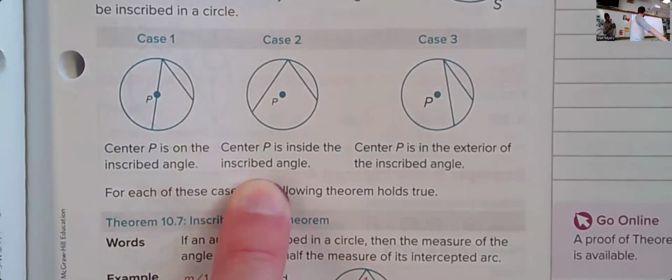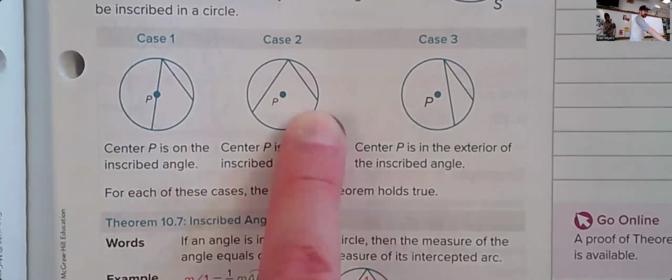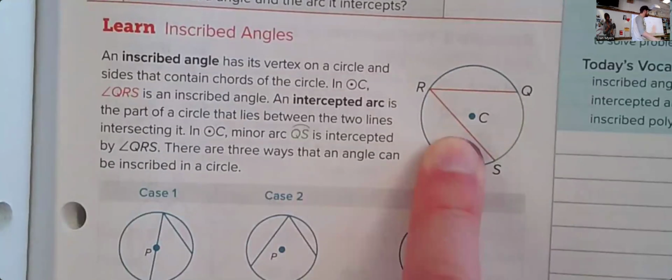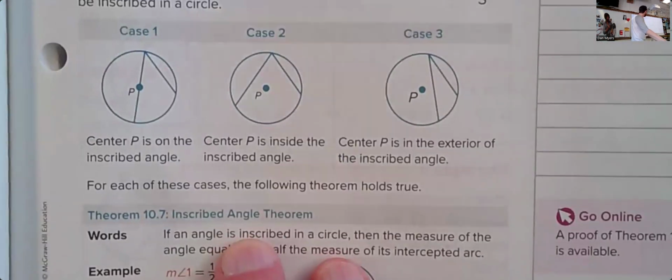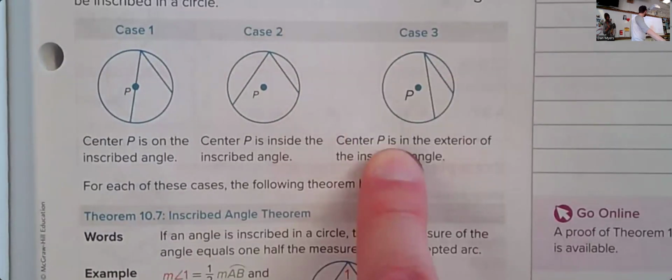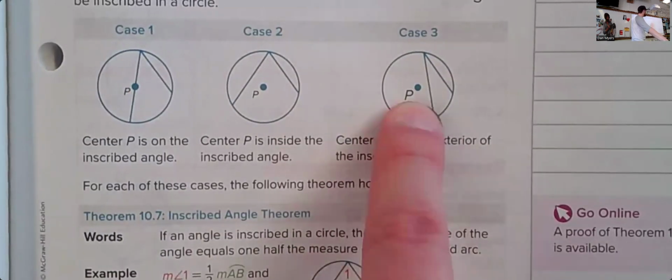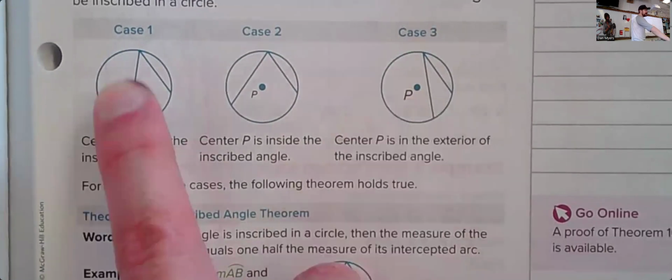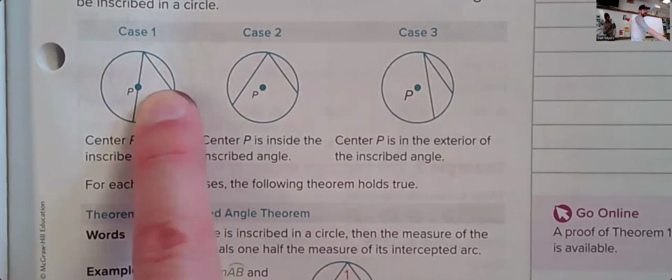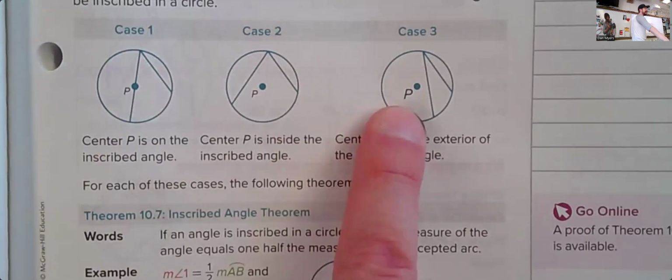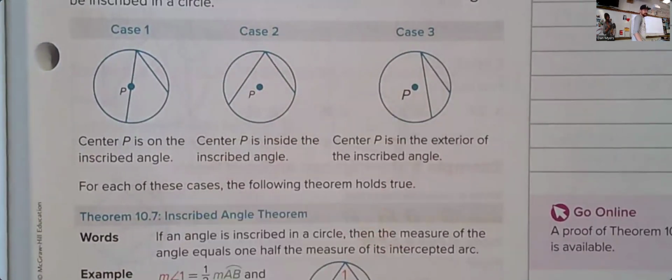The second case is that the center is inside the inscribed angle, kind of like this first diagram up here. And then the third option is that center P is in the exterior of the inscribed angle, it's outside the angle. So the center is either on the angle, inside the angle, or outside the angle. Those are your 3 options.